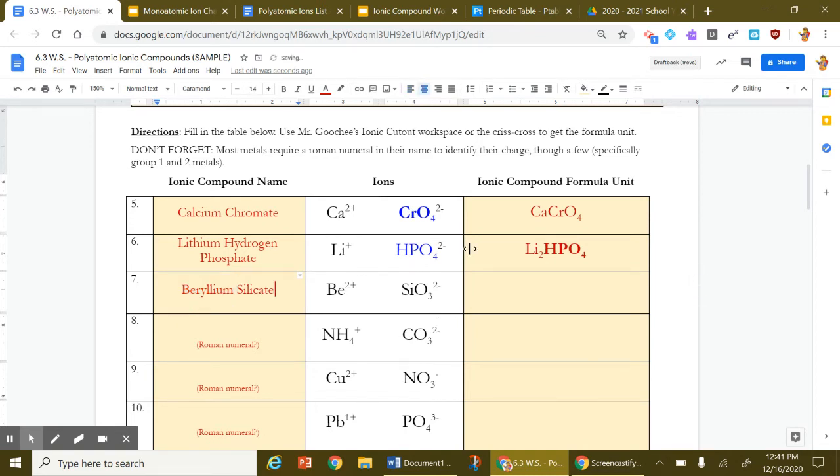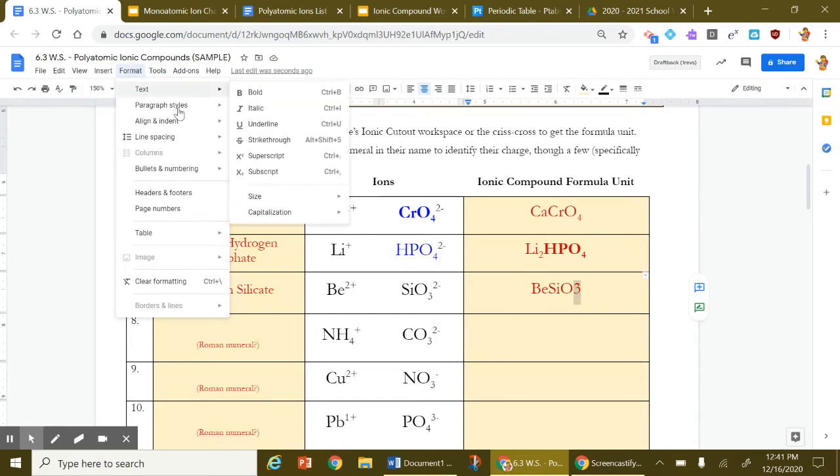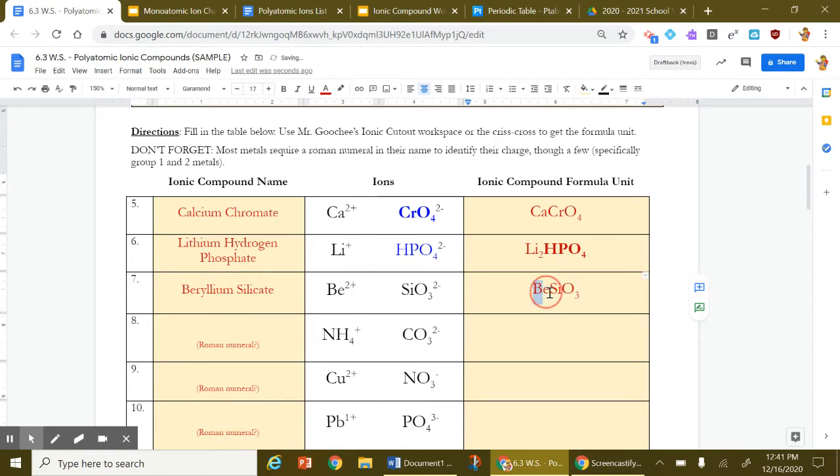Now the formula. The formula here ends up being pretty simple because beryllium is 2 plus. Silicate is 2 minus. You got one of each and they cancel each other out. So the formula is BeSiO3. This is 1 beryllium and 1 silicate.